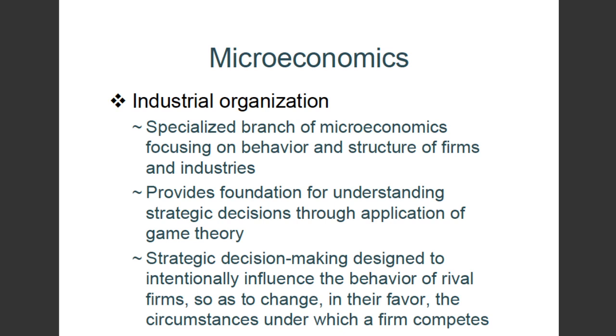So there could be the case of monopoly. There could be the case of duopoly. Monopoly is just one single business provider or service provider. Duopoly is where there's two.